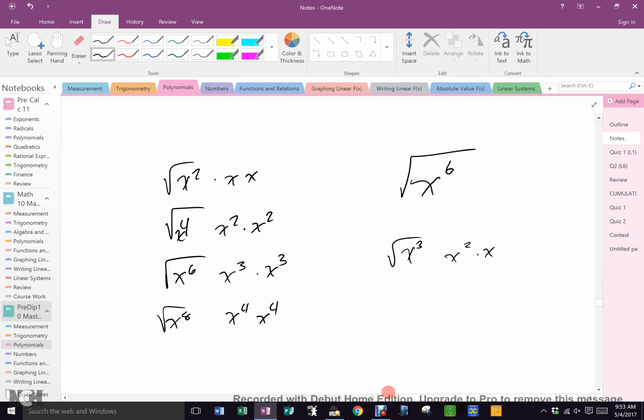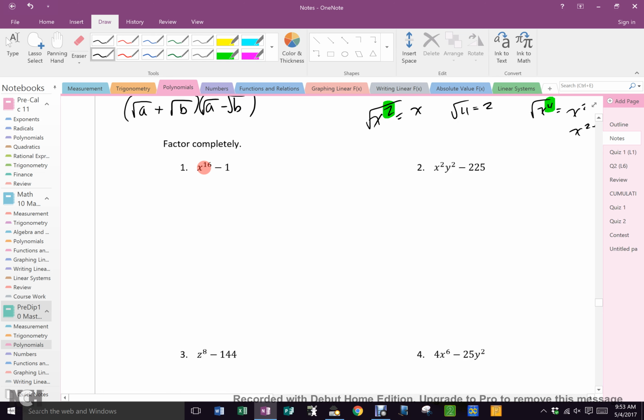So, let's go back to where we were. Do I know the square root of x to the 16th? What is it? X to the 8th. Right? So, square root of that one, x to the 8th, square root of that one. What's the square root of 1? It's not a trick question.